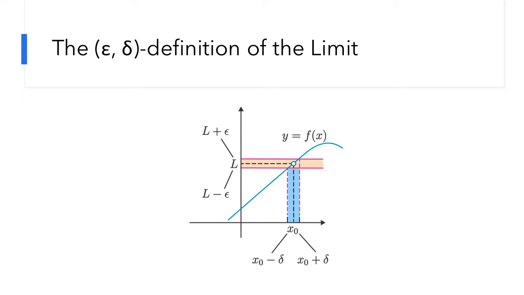Now the key here is that epsilon can be arbitrarily small around the limiting point. And what it means for the limit to exist is that no matter how small epsilon gets, there will always be a range of inputs within delta that correspond to outputs in epsilon.